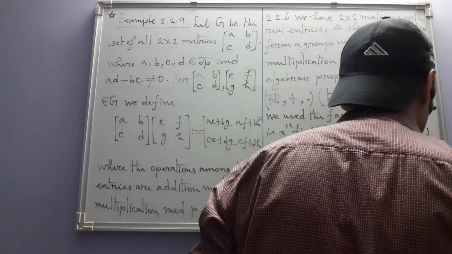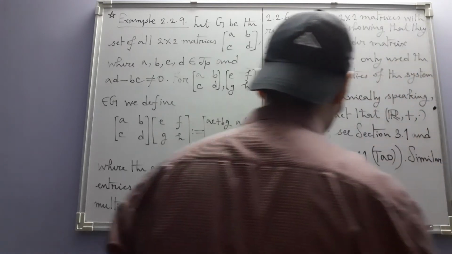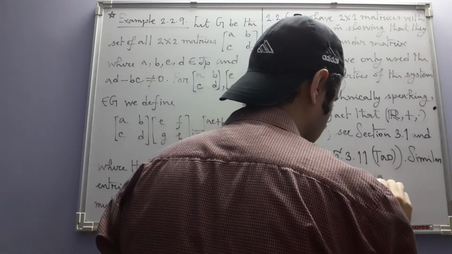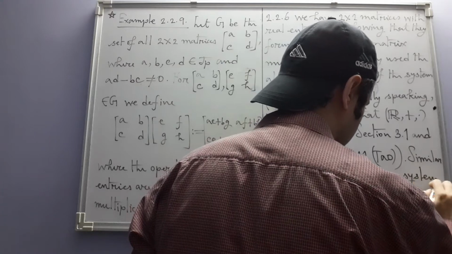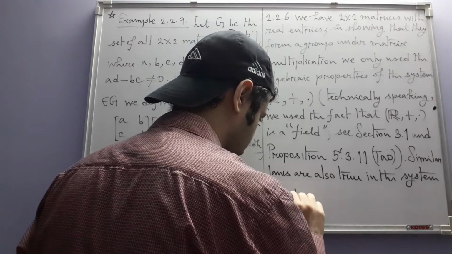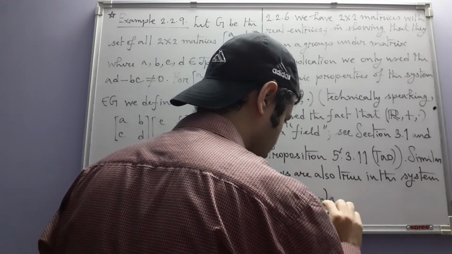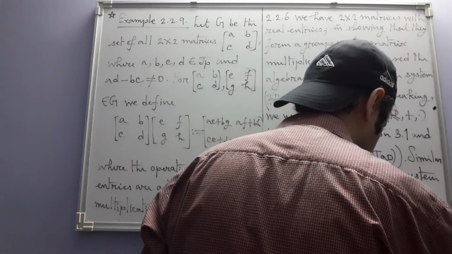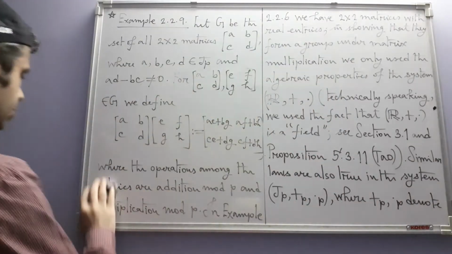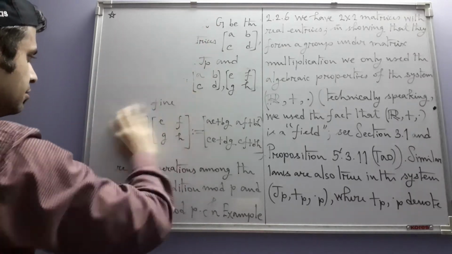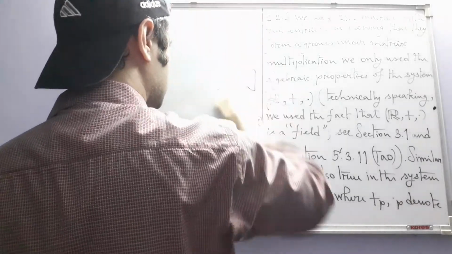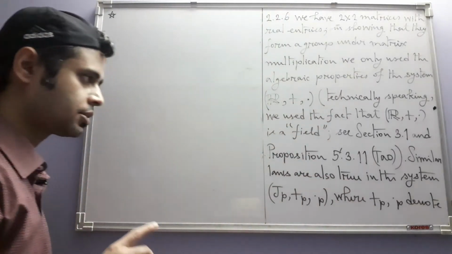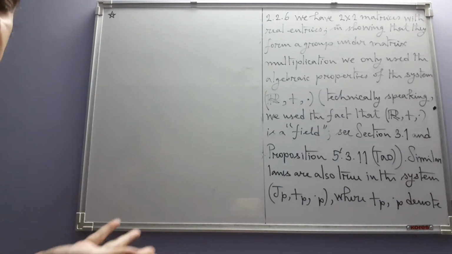So now we mention the second thing. Similar laws are also true in the system where this and this denote addition modulo P and multiplication modulo P respectively, and that we have in fact proved way back when we were dealing with section 1.3, which deals with the set of integers in this book itself, Topics in Algebra.